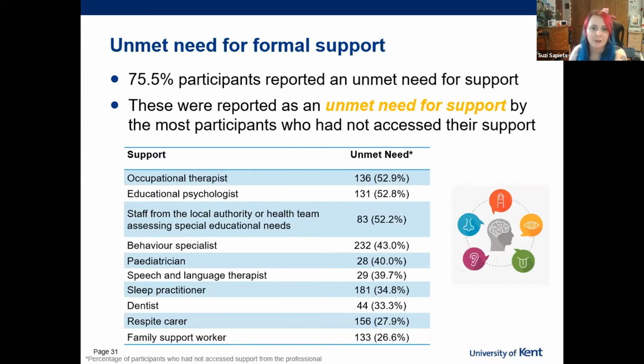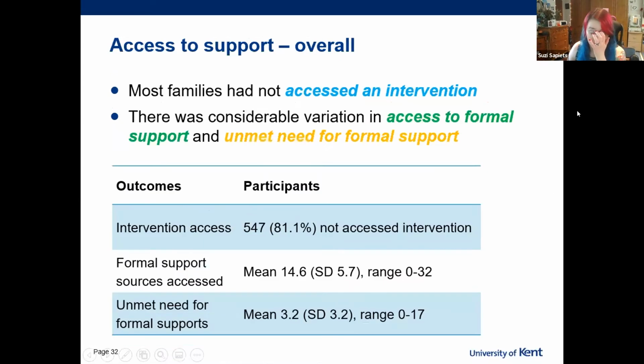So 52% of people who hadn't accessed an occupational therapist reported that they wanted to access one, 52% for an educational psychologist, 52% for staff from the team that assesses special educational needs, 43% for a behaviour specialist and 40% for a paediatrician. Again, most of these seem to be related to identifying or supporting children's needs, which was quite similar to the ones that were accessed the most by participants.